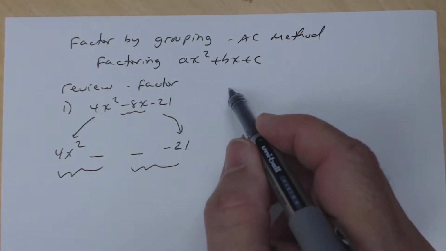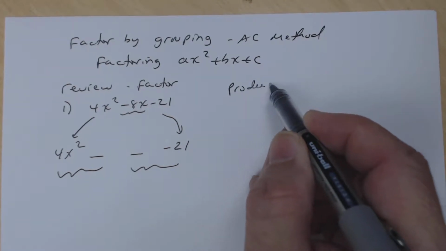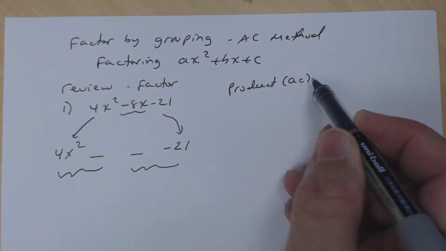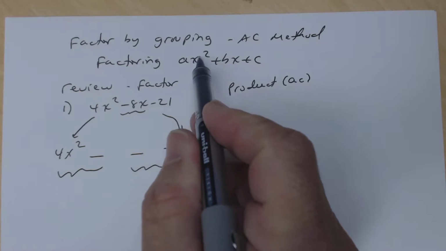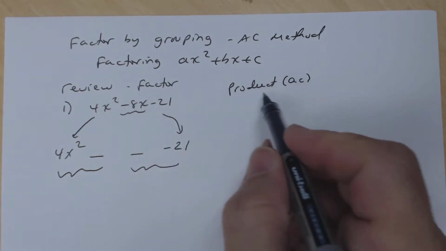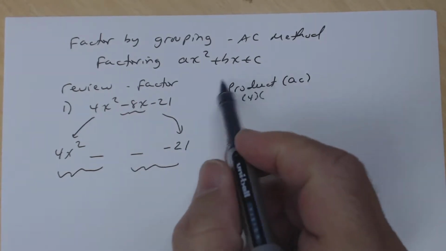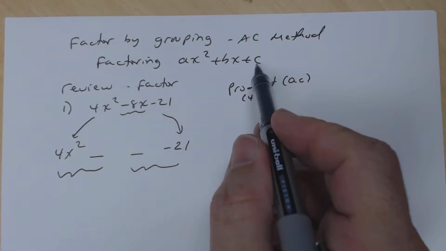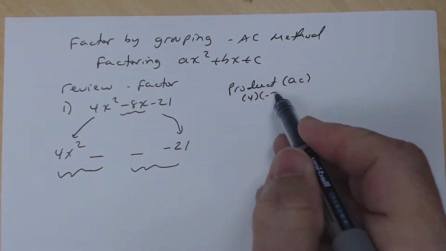Remember, we want to find 2 numbers whose product is AC. A is the coefficient of x squared, so that's 4 here. So it'll be 4 times C, your constant, which here is negative 21.